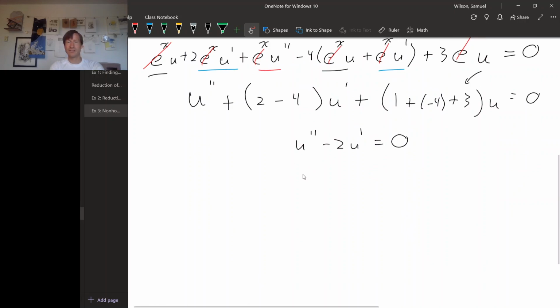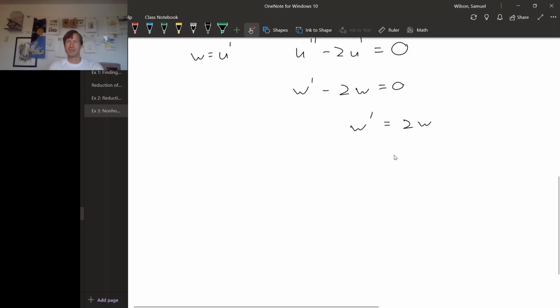And then, right, this is a first order equation in u prime, or if you like, you can set w to be u prime, and then this is w prime minus 2w equals 0. So w prime is 2w, and this sort of equation is so common that I could just write down a solution. It's some constant times e to the 2x.